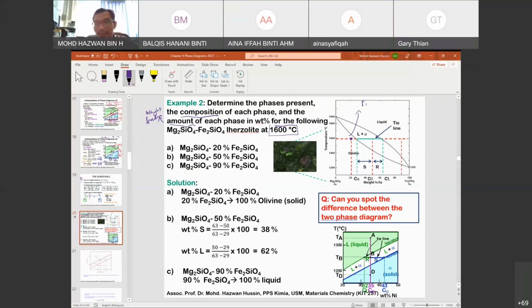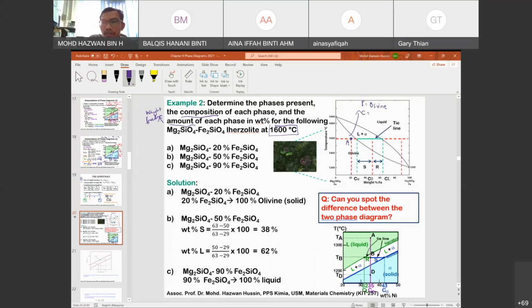Okay, never mind. I guess maybe Gary has some connection problem. So this one, I just name it as point A. At 20% of iron silicate and 1600 temperature, the phase is solid or olivine. Right. Then what will be the composition?